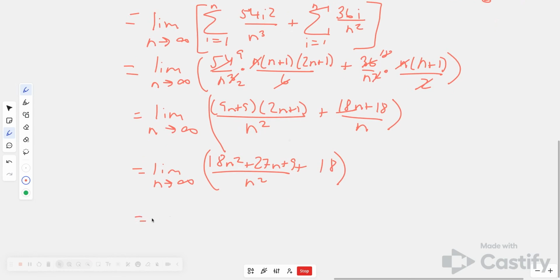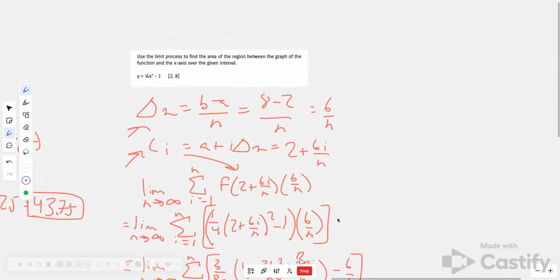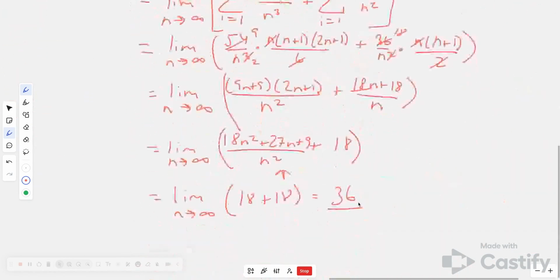And now we can do it for the first one too. In this case, this first term also approaches 18 using our rules. So we get 36 as our answer. So that was the area of this region of the graph.